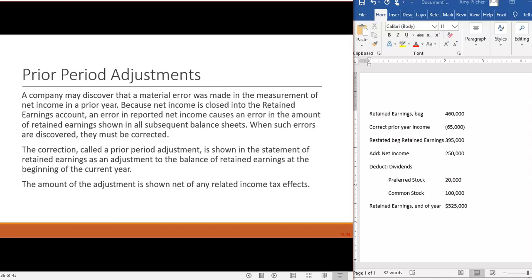The correction gets called a prior period adjustment, and we would show it net of any income tax effects, whether we would have increased income tax effects or not. And we would post a note in our financial statements stating exactly what caused us to have that prior period adjustment.